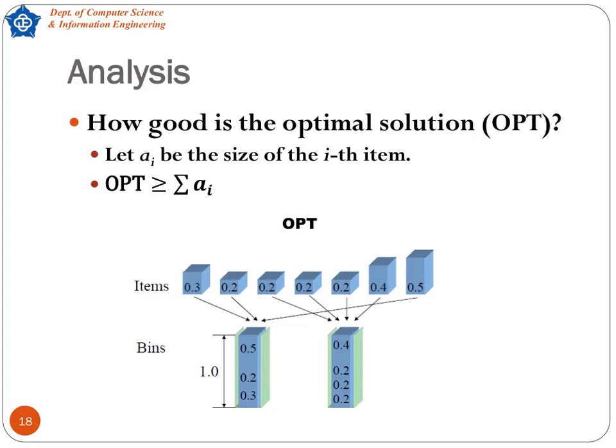The first bin perfectly holds items with sizes 0.5, 0.2, and 0.3, summing perfectly to 1.0. And the second bin neatly contains items of sizes 0.4, 0.2, 0.2, and 0.2, also summing to 1.0. This is an incredibly efficient packing. All items are perfectly accommodated within these 2 full bins, providing a clear illustration of what a potential optimal solution could look like for this set of items.